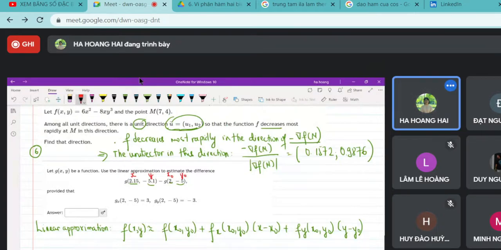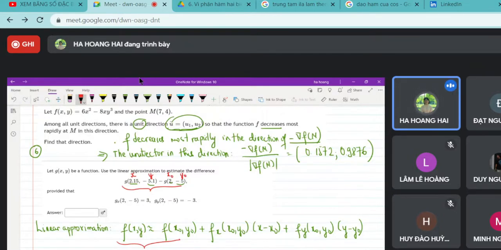You can see that with these expressions, from the linear approximation formula, we have g(x,y) minus g(x0,y0) approaches gx(x0,y0) multiplied by x minus x0, and x minus x0 we have here 0.15, plus gy(x0,y0) multiplied by y minus y0.